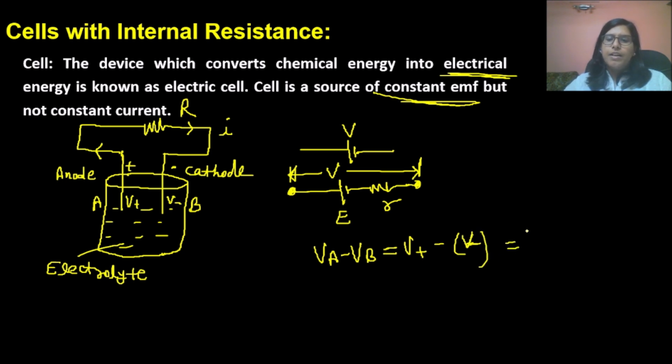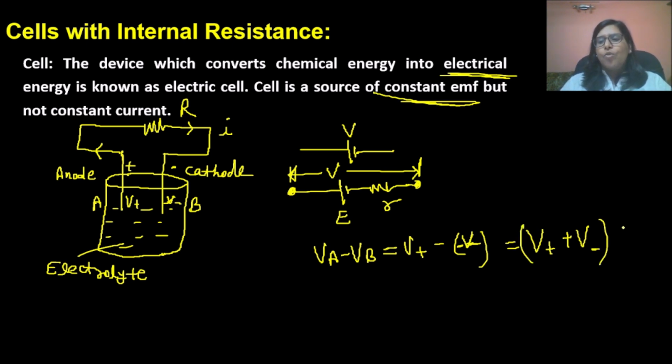The potential of this will be negative. So this is V minus, right? And this will be greater than 0, right? This is called EMF if the circuit is open.